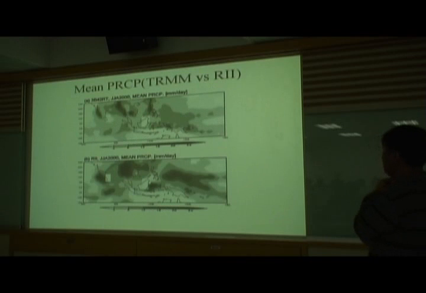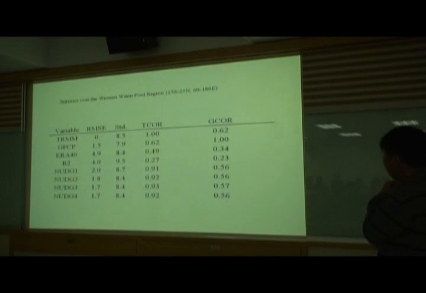Okay. So one thing to note is that the correlation between TRMM and GPCP is 0.6. Because these two are observations, we expected more than this, but it's a little bit lower than we expected.